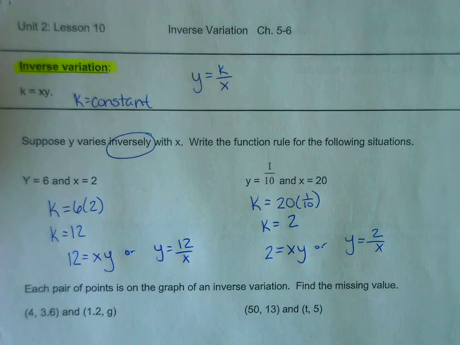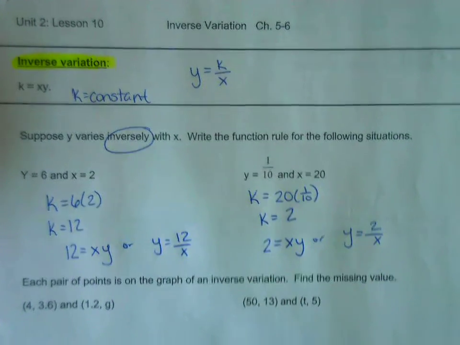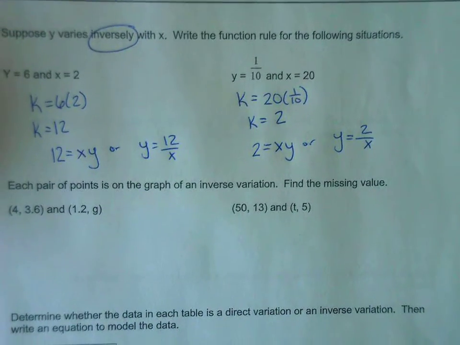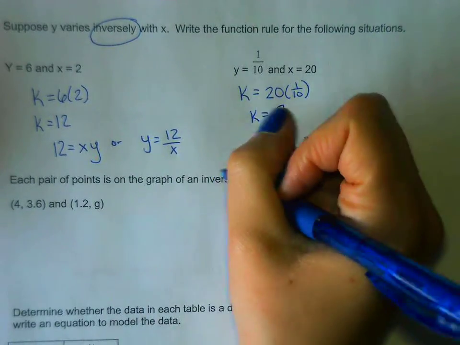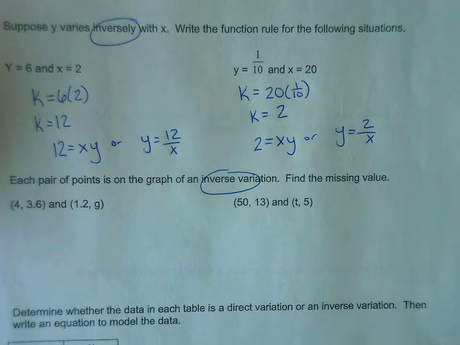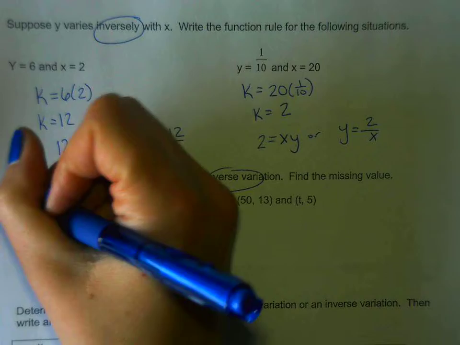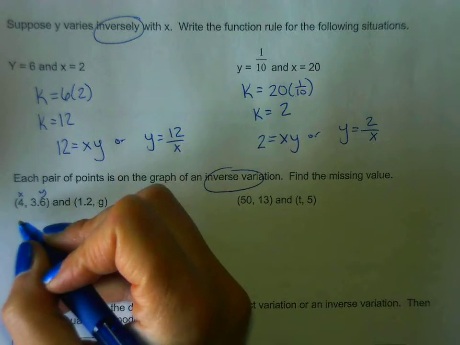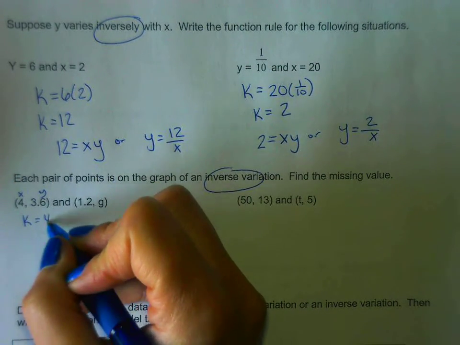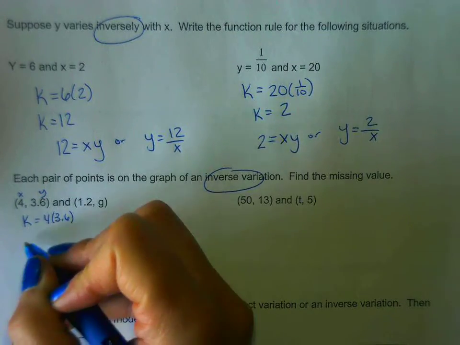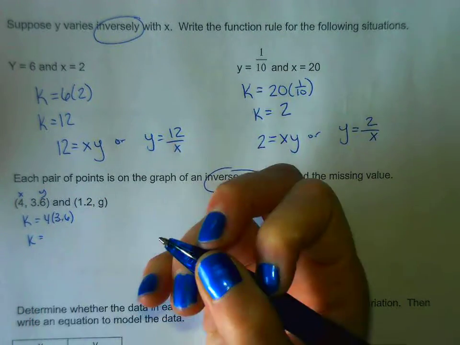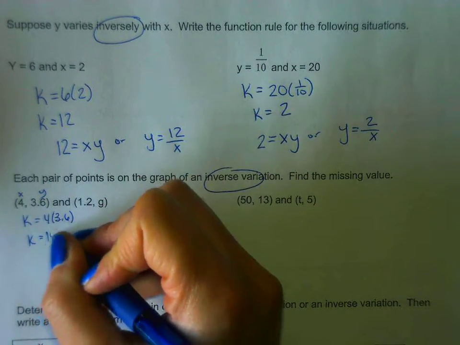So each pair of points is on the graph of an inverse variation. So we want to find the missing value. So here's my x, here's my y. So my constant is my x times my y. So that means the constant that I have is 14.4. And again, it's for both of these, so it's my constant for over here.